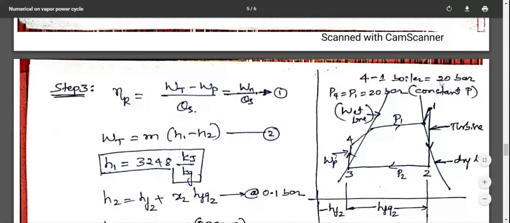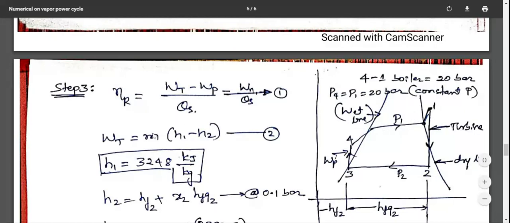So 4 to 1 is boiler. And dear students, keep in mind point number 4 starts from boiler, and up to point number 1 it is boiler only. So that is the reason 4 to 1 I have written boiler, 20 bar. It is a constant pressure process, because in the boiler we are adding heat at constant pressure.